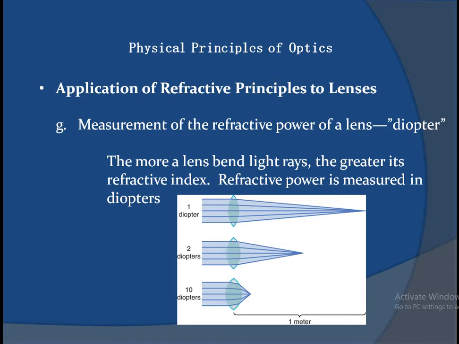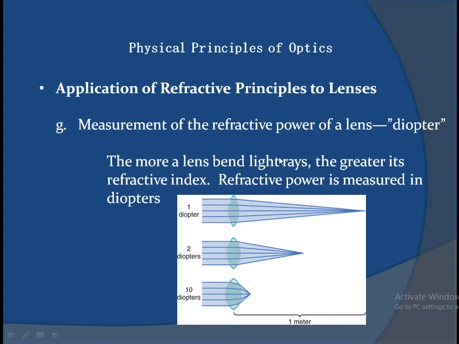This is the way in which you measure the power of the lens, and you must consider the distance far away in which the image is formed behind the lens.